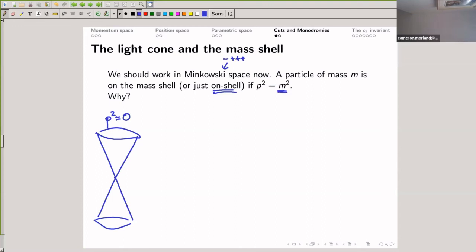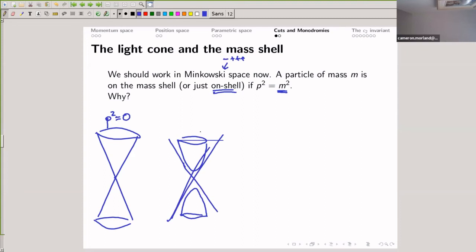If you have some mass, then your p squared is not equal to 0, because if I have a massive particle, I can't be going at the speed of light. I am constrained. And instead of a nice light cone, you get some guy like this, where you're living inside a light cone somewhere.